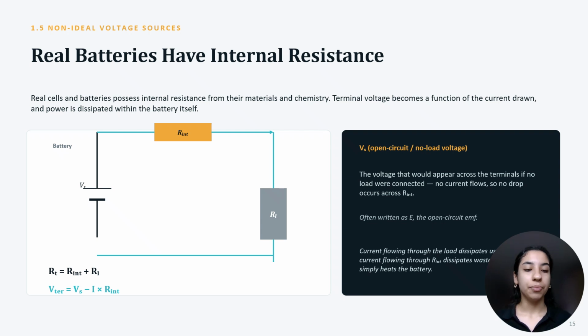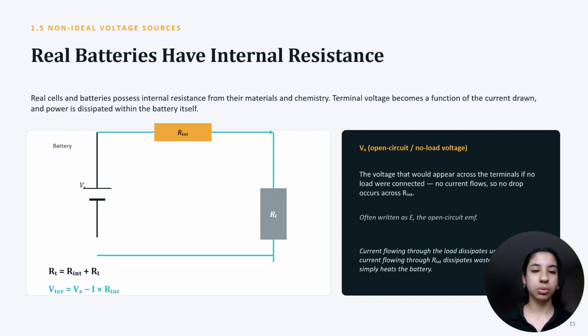Okay, and then we have something called the terminal voltage. Sorry, I said terminal velocity, I meant terminal voltage. That's the actual voltage that is supplied by, for example, a battery, because we've got the internal resistor.